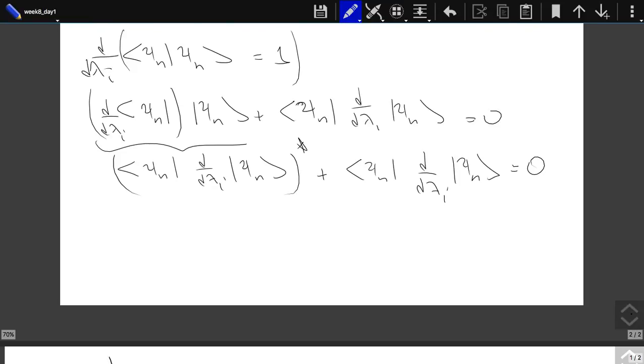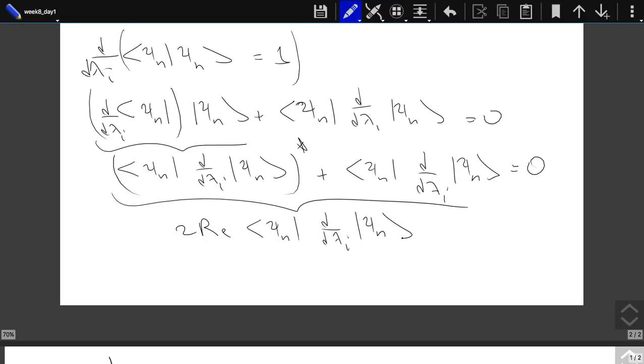So we are done. We have a number, we take its complex conjugate and add it to that number, which just gives me twice the real part of that number. So the real part of that number is 0. So this whole thing is twice the real part of psi n star d by d lambda i psi n.